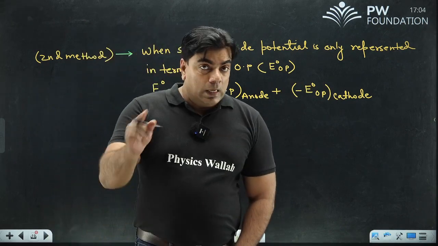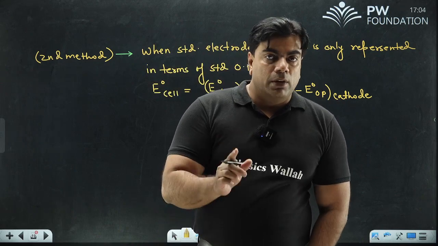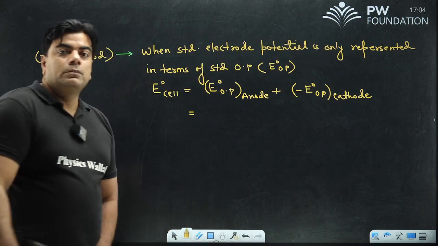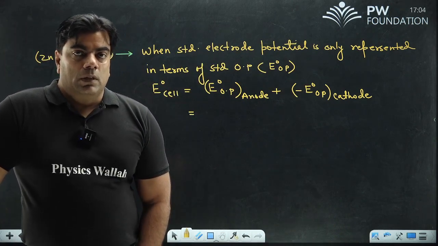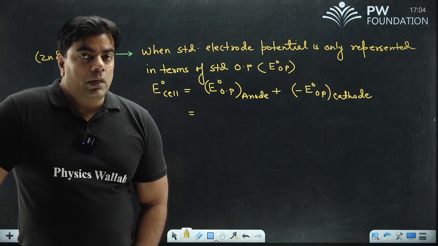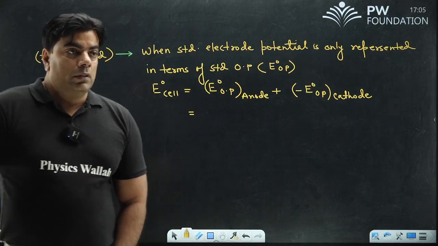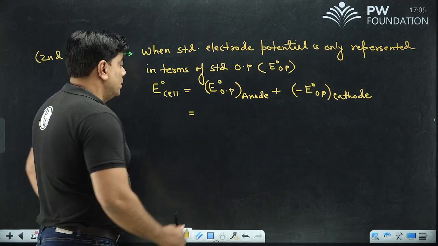Anode part in the galvanic cell rearrangement is always kept in left hand side.